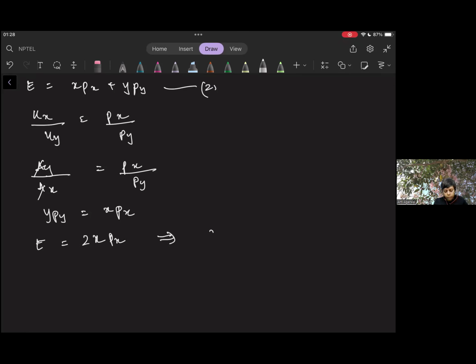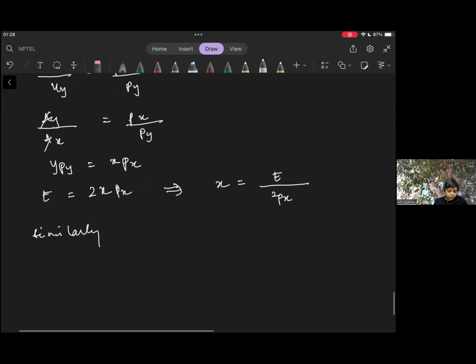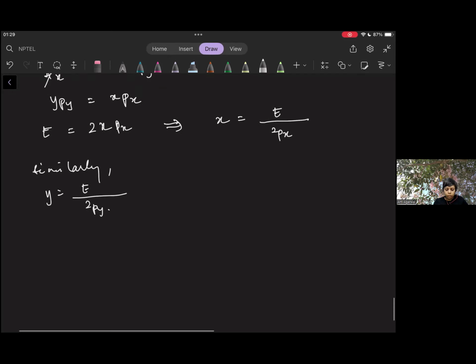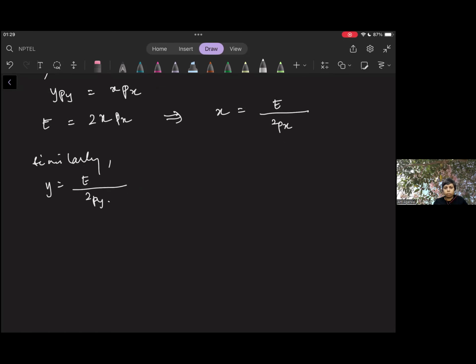Now from here you can just write x as equal to E upon 2px, and similarly, instead of substituting for y, we can substitute for x, and you will get y is equal to E upon 2py, right? This is not too complex or dense so far.